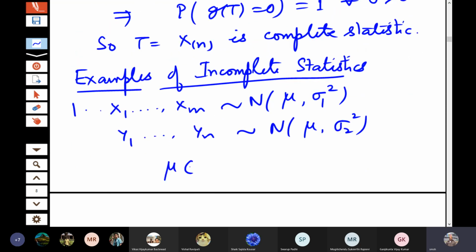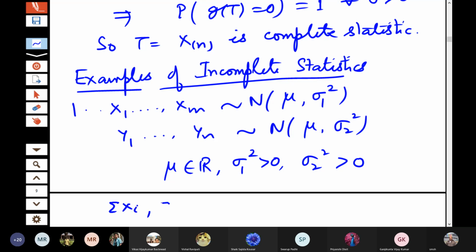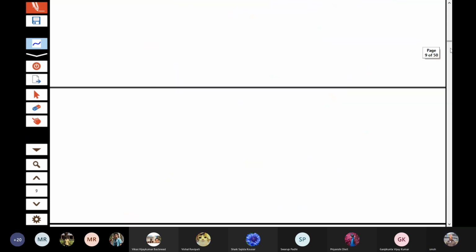I mentioned to you that it is one of the important problems in statistical inference, this type of model. Do you remember what was the minimal sufficient statistic for this problem? So sigma xi, sigma yj, sigma xi square, sigma yj square. Okay, so this is minimal sufficient.